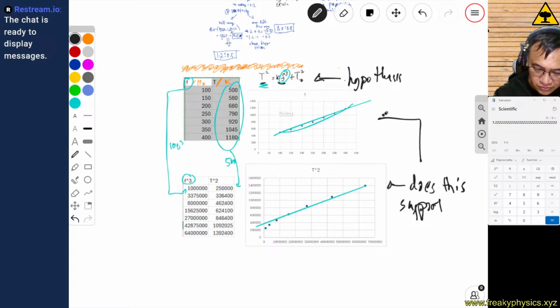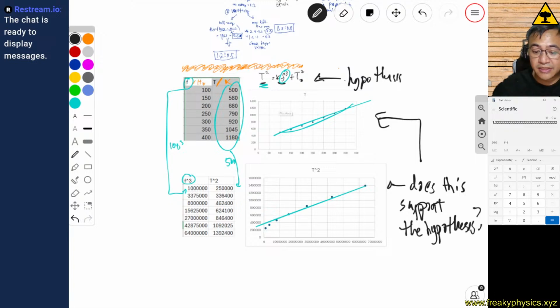Or actually also that, yeah? Support the hypothesis. The answer is always yes or no. The answer will always be yes or no.